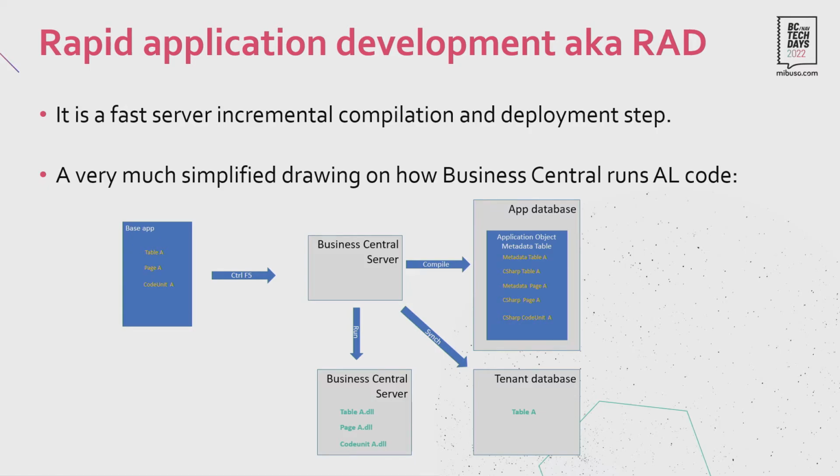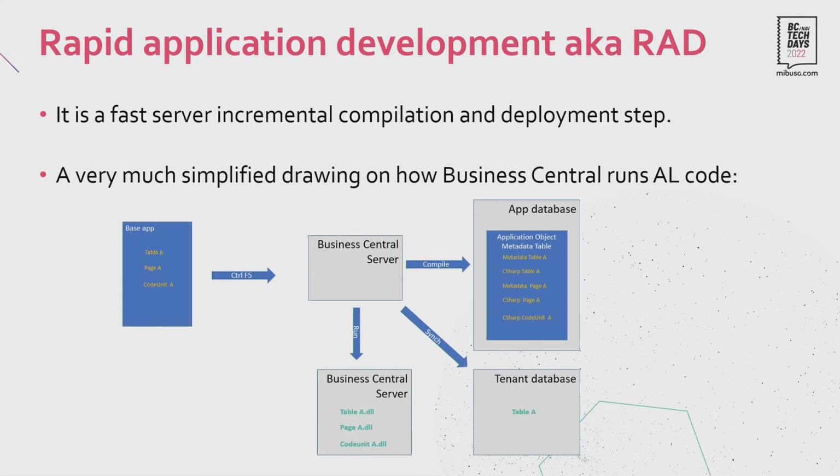This metadata is an overused term. In our case, metadata means an XML file. For example, for a table, this XML file defines how it should be created on SQL Server. For a page, it defines how it will interact with the web client. So when the sync happens, from this metadata we are going to create the physical table.